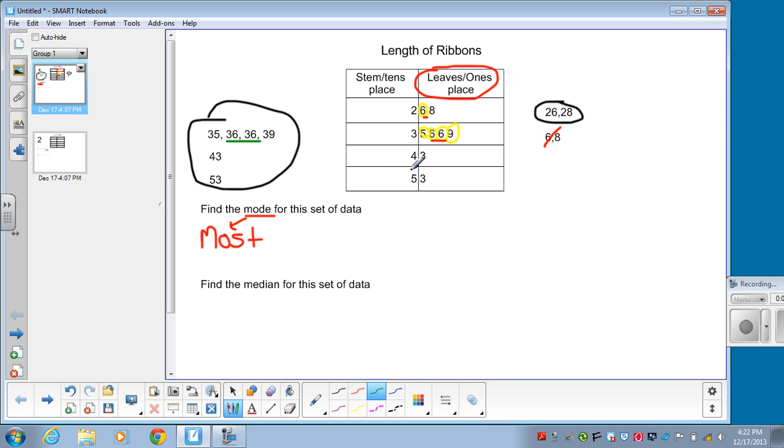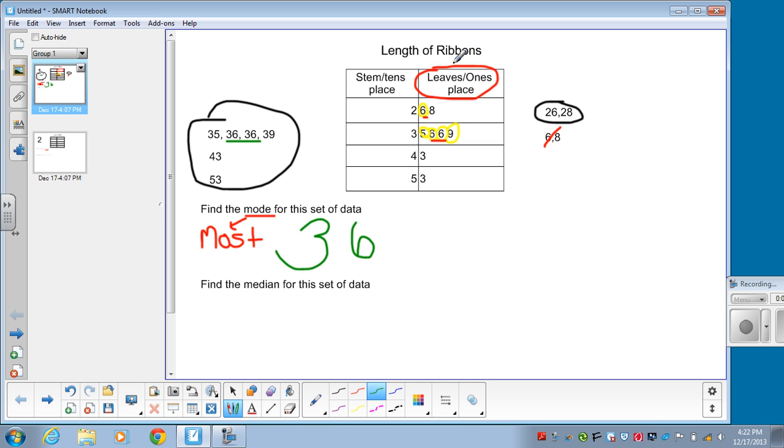And 53 is only written one time. 35 is only written one time. And 39 is only written one time. The number that's written more than once is 36. We have 36, 36, 2 6s. So the answer for this data set is 36.